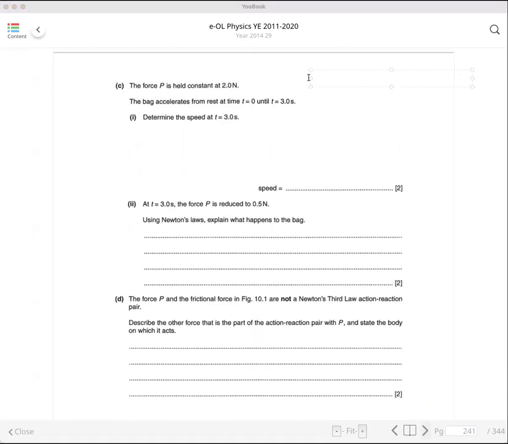For this question, remember your friction is 0.5 Newton. So your net force is 2.0 minus 0.5 Newton. You'll get 1.5 Newton. Is that clear?